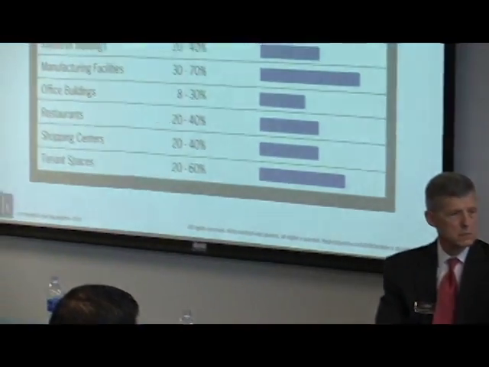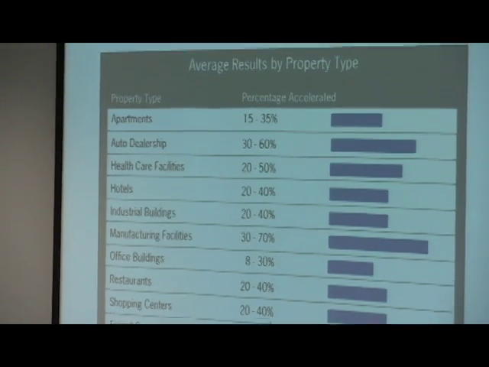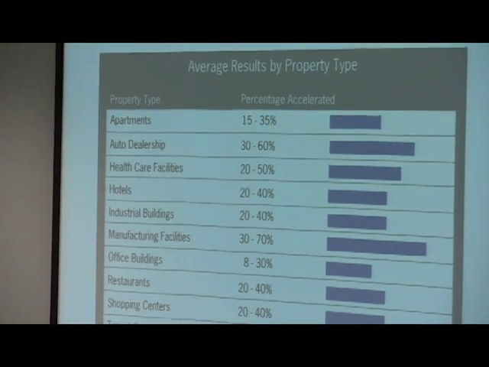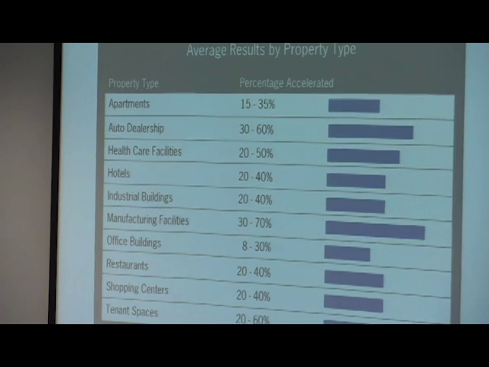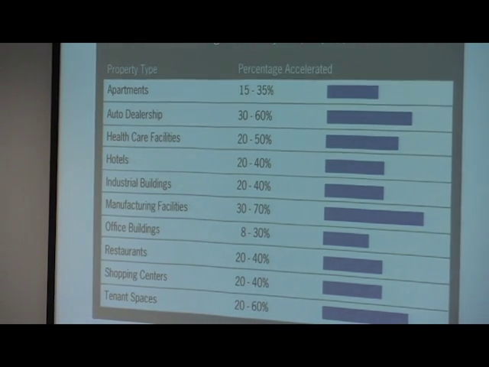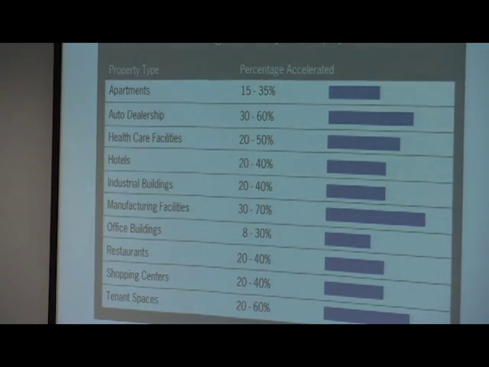I have one last slide, and I just want to summarize with, we've been doing this since 2002, and we've done over 10,500 studies. We're a national company. Bedford Cost Segregation is across the country. I happen to be here in the regional office. But in our experience of doing those studies, the average results by property type is on the board here.